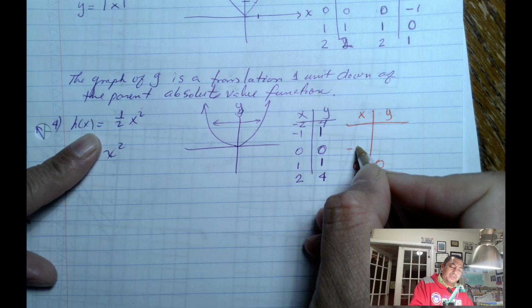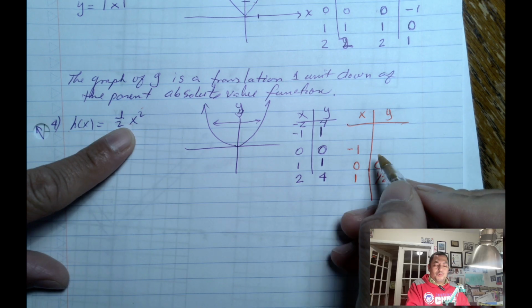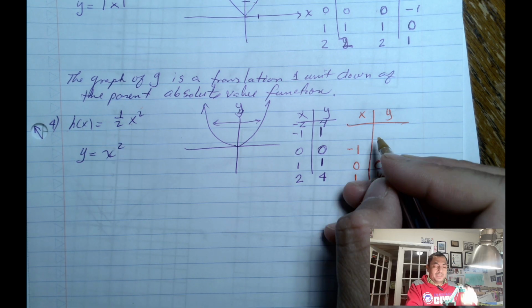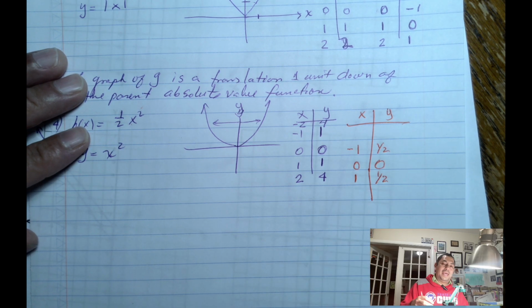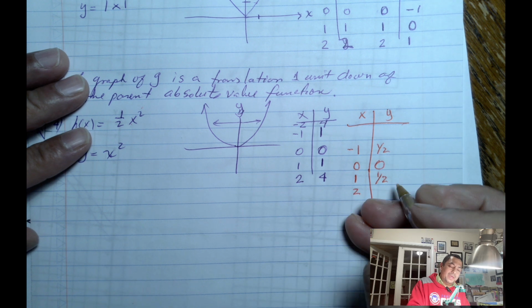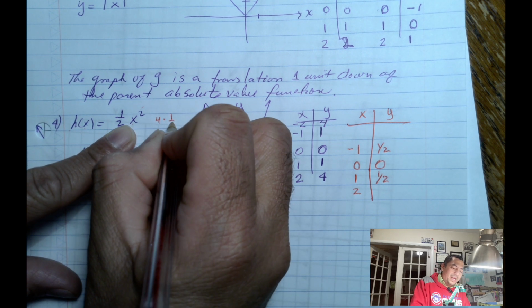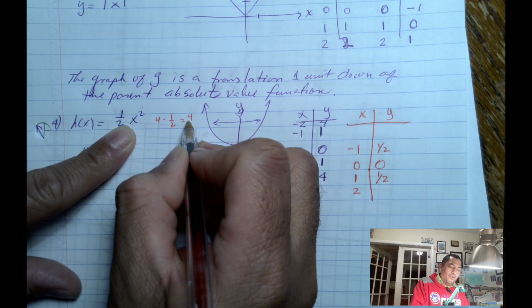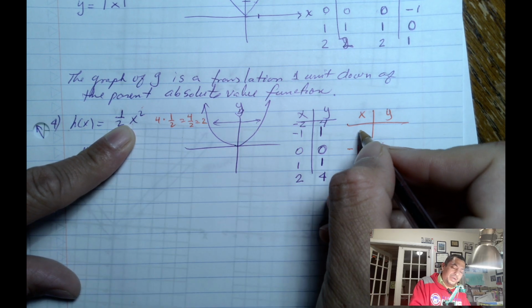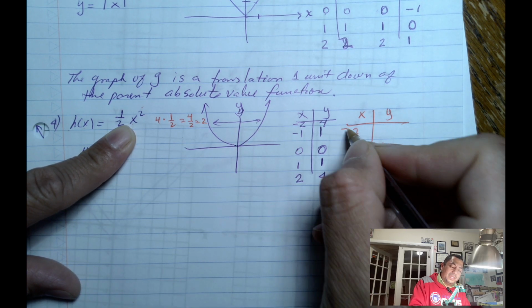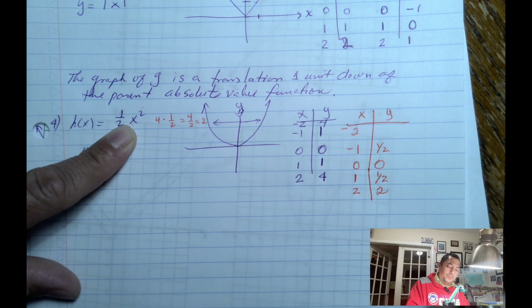When x is equal to -1, -1 to the second power is 1 times 1/2 is 1/2. Then when x is equal to 2, 2 to the second power is 4. 4 times 1/2 is 4 over 2, which is 2.